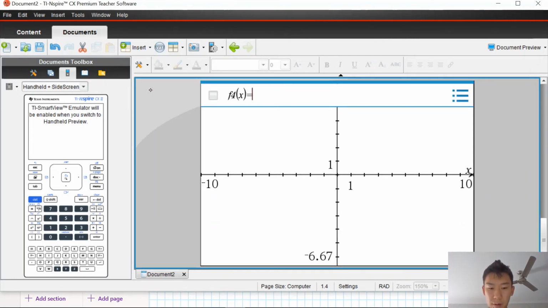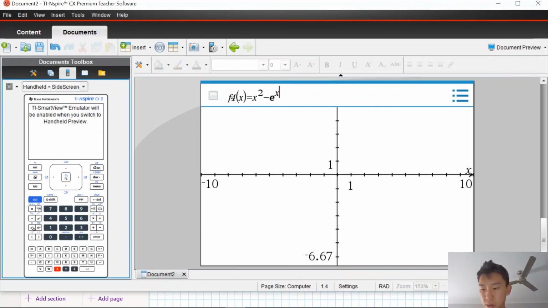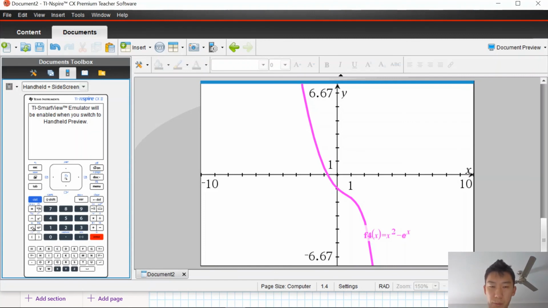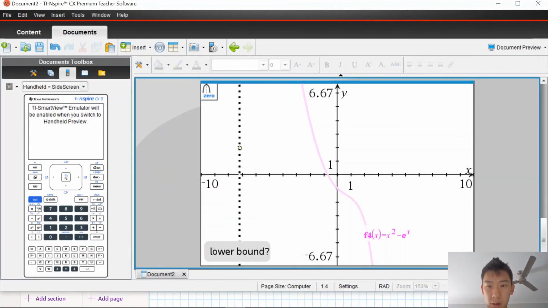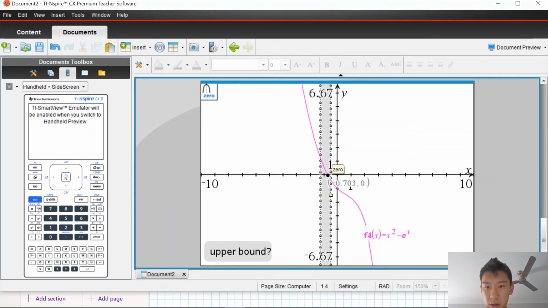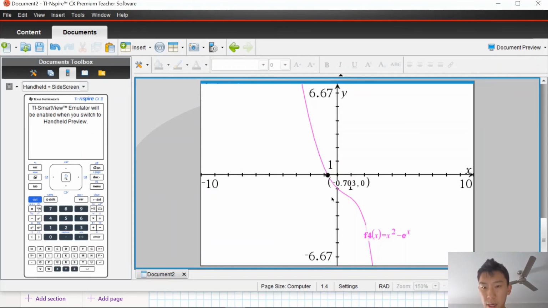So we have x squared take, remember to press the right button for E, otherwise you're not going to get the proper graph or a graph. And then we just go 0. There we go, negative 0.703 and 0.